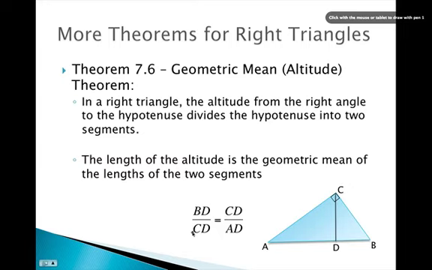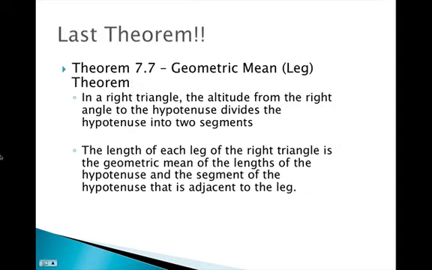Here's our x, CD, you see it both here, and BD over CD is going to have the same proportion, ratio, as CD over AD. And we're going to put this into an example in a couple of slides here. But before we go into an example, we have one last theorem that actually applies the geometric mean to both legs of the right triangle. So let's go into that theorem next, and then we're going to put these into examples.